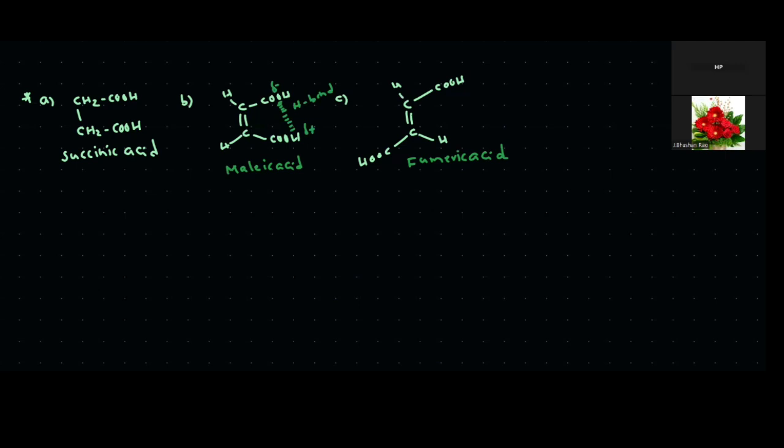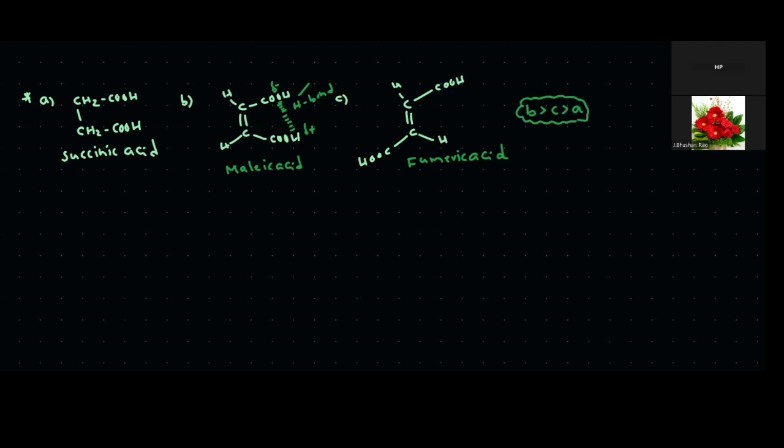So compared to this compound, the acidic nature is less. The reason is the hydrogen bond formation. So maleic acid is always more acidic than fumaric acid. Now the total order for the given compounds is B is greater than C, C is greater than A. This is the acidic strength order of these carboxylic acids.